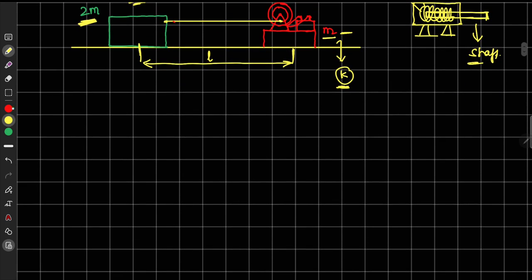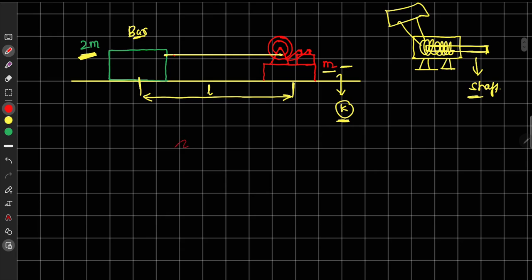So let us first draw the free body diagram of mass 2m. Let us say this is the bar of mass 2m. We have the gravitational force in the downward direction, that is 2mg, and the normal reaction from the surface in the upward direction. Let us say it is moving in this direction with a constant acceleration w, and we have the tension force in this direction.